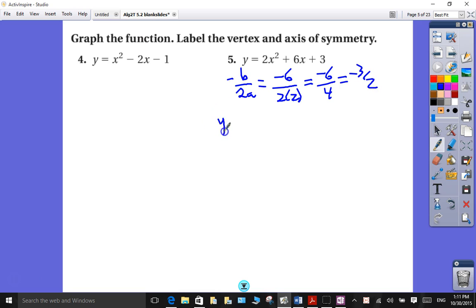Now y equals 2 times negative 3 halves squared plus 6 times negative 3 halves plus 3.